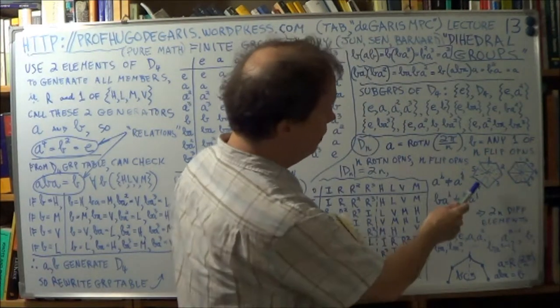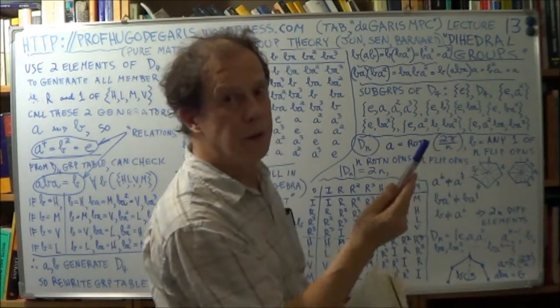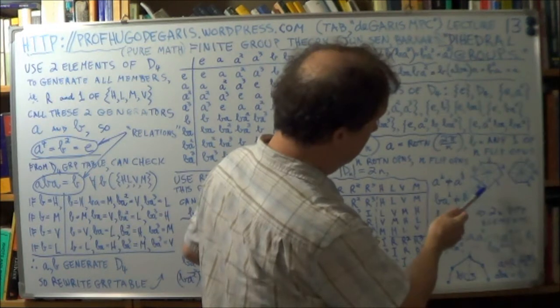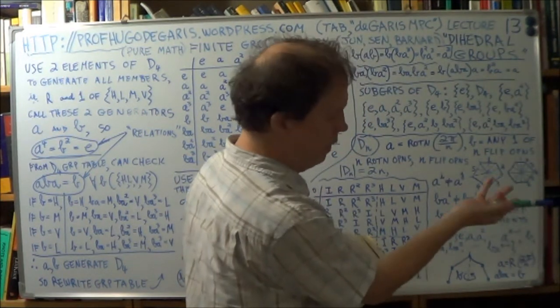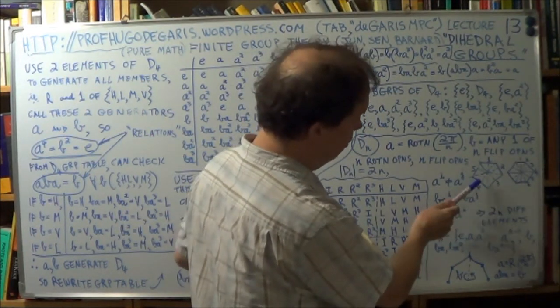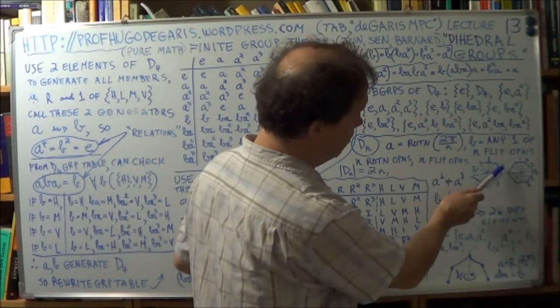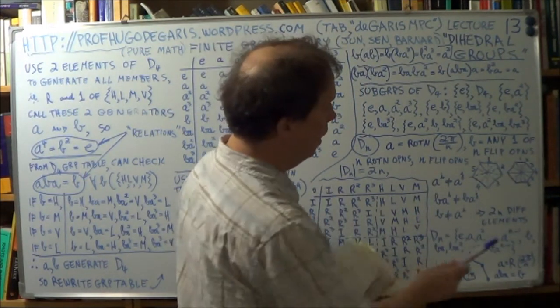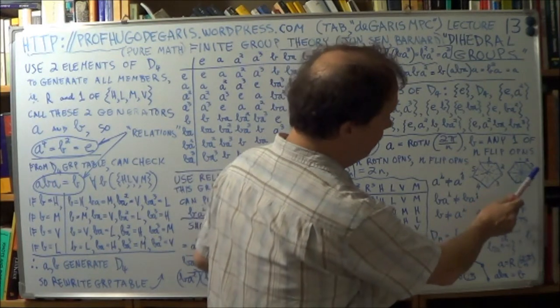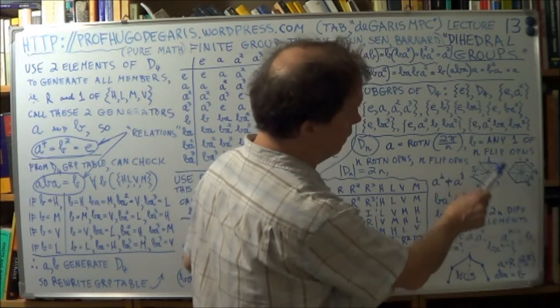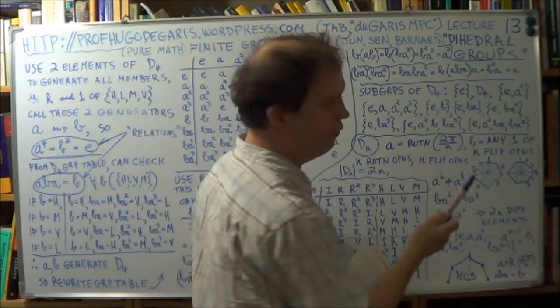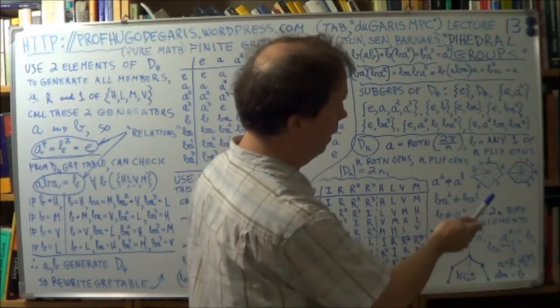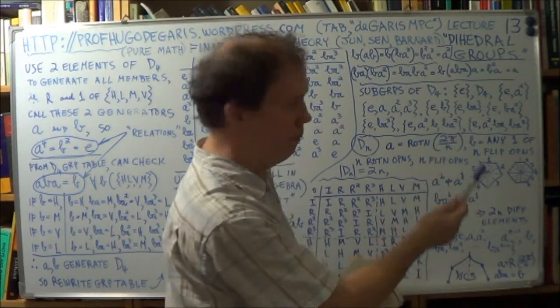So when you have an odd number of sides, your axis of flipping will go from one vertex to the midpoint of the opposite side. Make sense? And there are 5 flip operations for the pentagon, so that equals n.